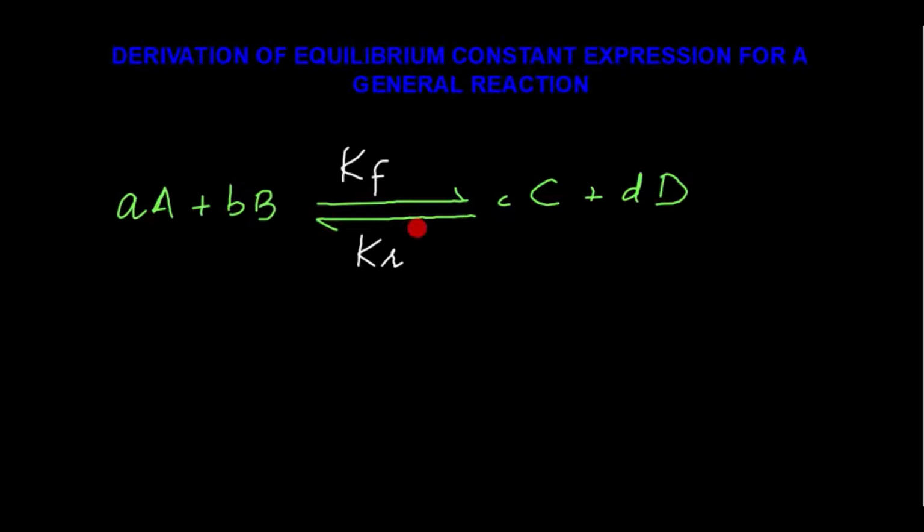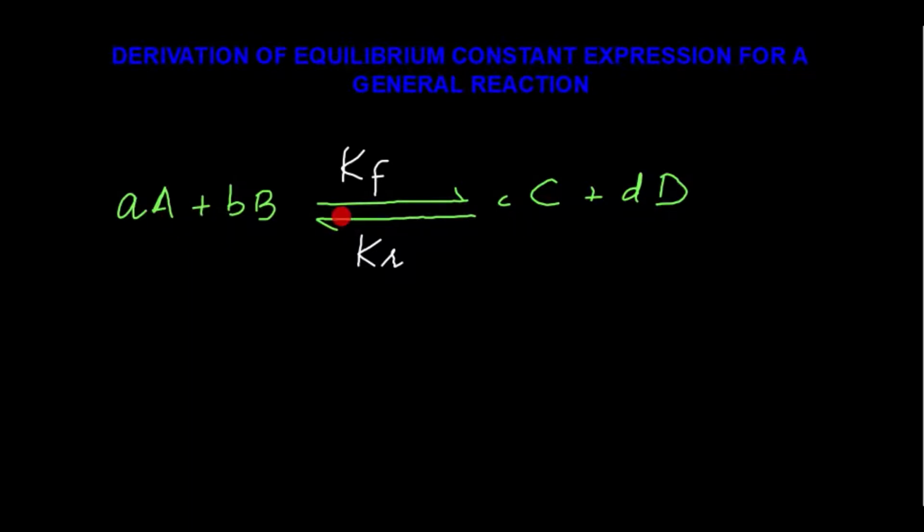In the forward reaction, a moles of A and b moles of B combine together. In the reverse or backward reaction, c moles of C and d moles of D chemically combine together and form the reactants.